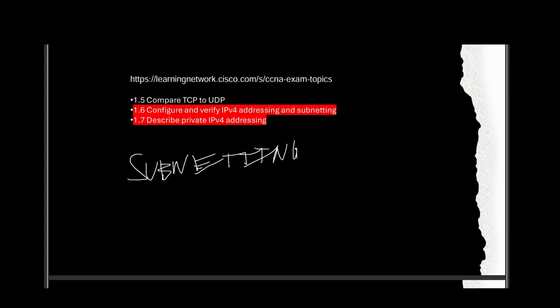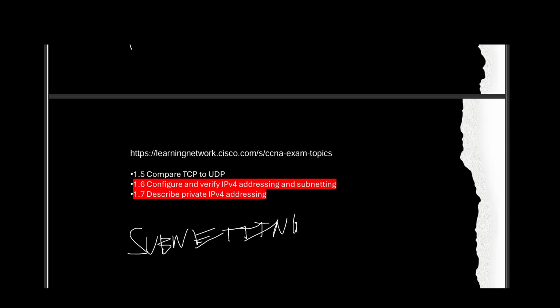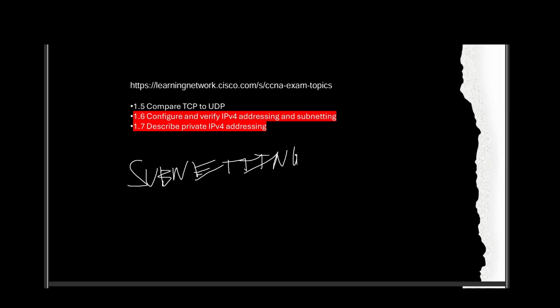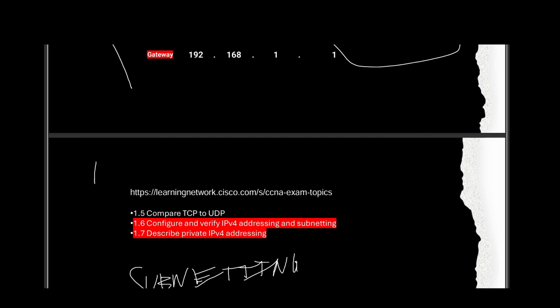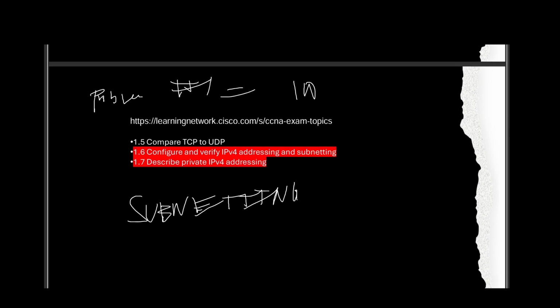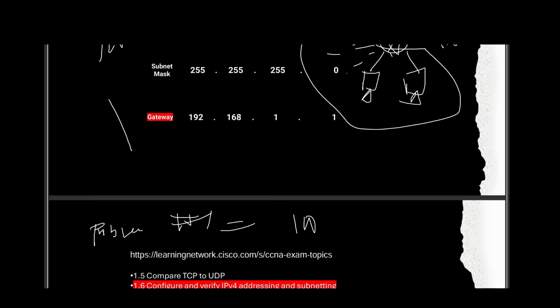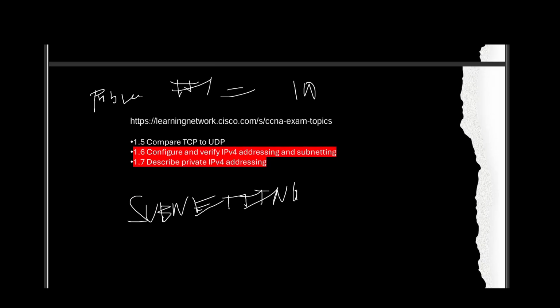If you subnet it, you can reduce that value. Let's say we have problem number 1, and the number of IP addresses I need is only 100. So if 100 is what we need, we can borrow from the last octet for subnetting.